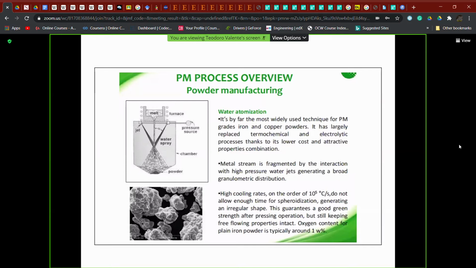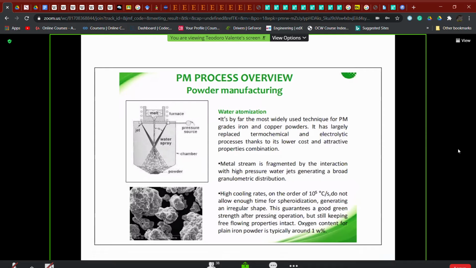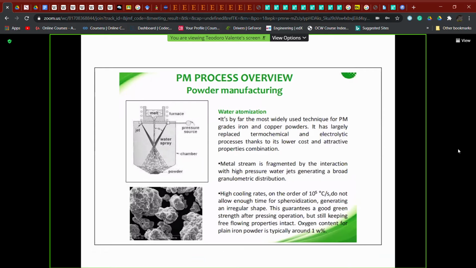There is also another important thing to be considered due to this high cooling rate. If we talk about iron-based powders, but in any case metals, they can react with oxygen, and the very short time which is required to solidify the powders allows to reduce the oxidation of the powders themselves.